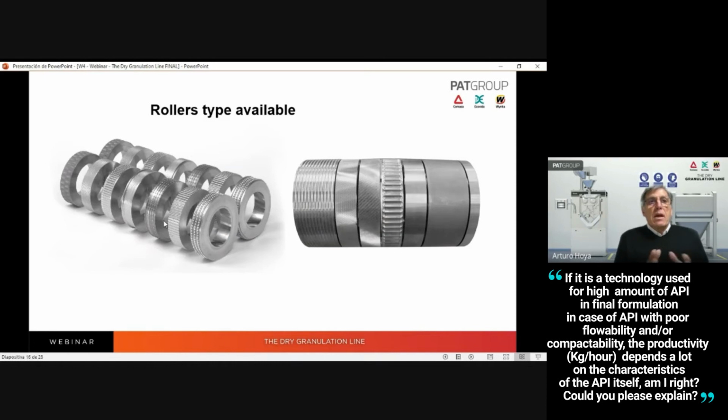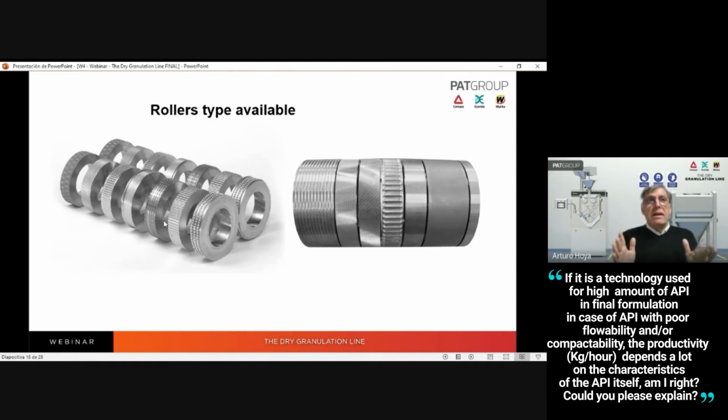So I resume, if we have high percentage of API with low or very low flowability, no problem. The roller compactor will be a good possibility to enhance the flowability.